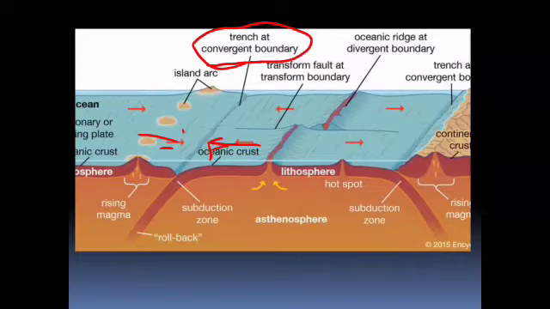And the third one is the transform boundary, where they just pass each other. In the next slide I will discuss it in detail. But the three concepts are: convergence is when they move towards each other, divergence is when they move in opposite directions, and at transform boundaries they just pass each other.